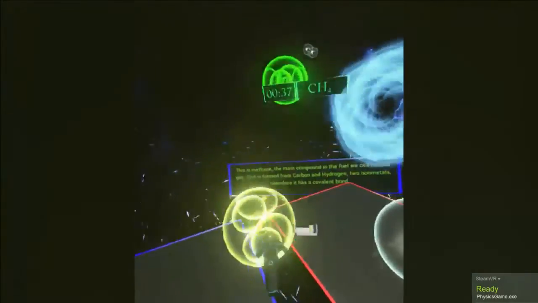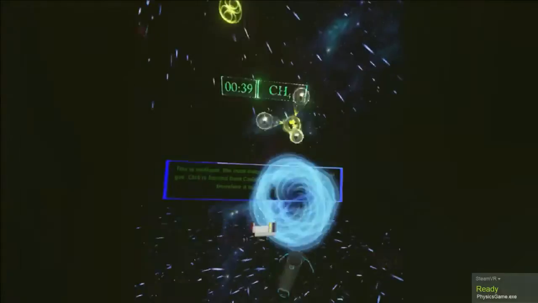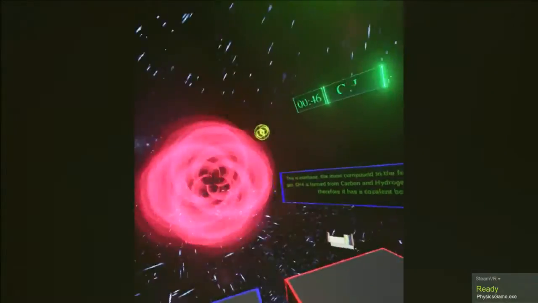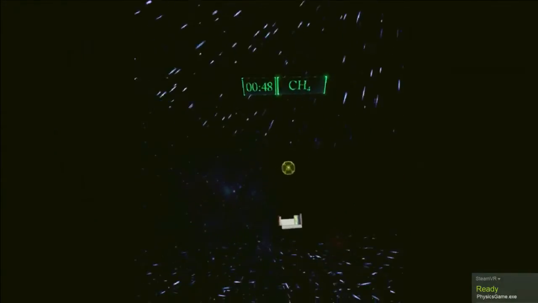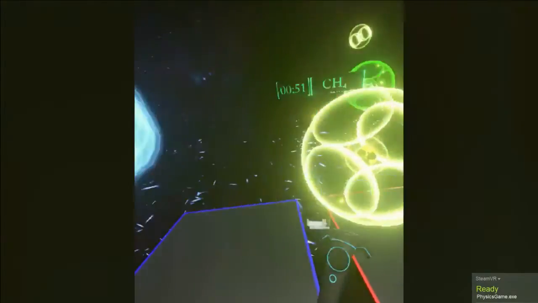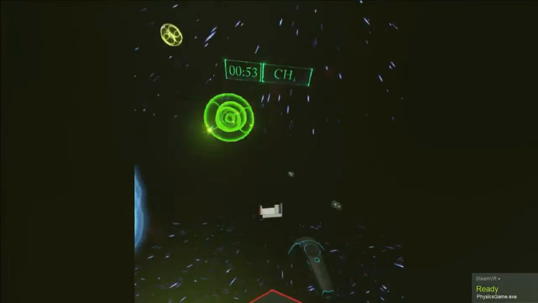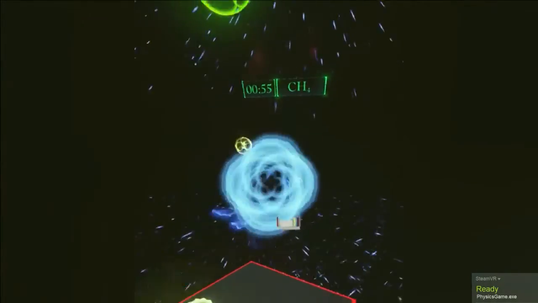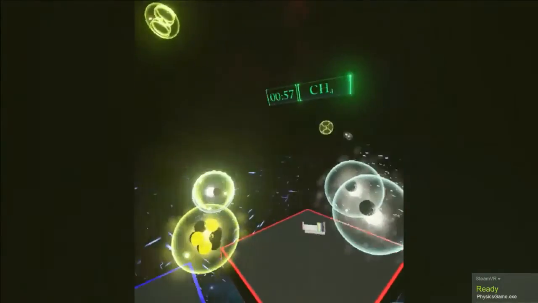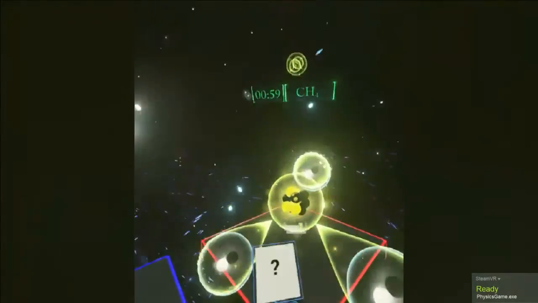Nice work. Two non-metals. Therefore, covalent. Oh, wrong one. I'm going to have to make it again. It behooves the wise player to check the bond type on the card before they throw it.